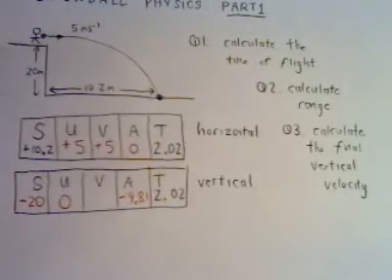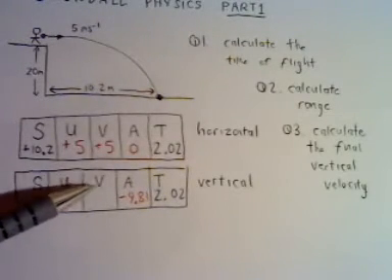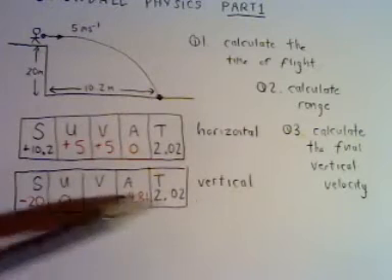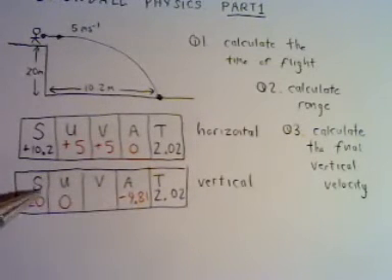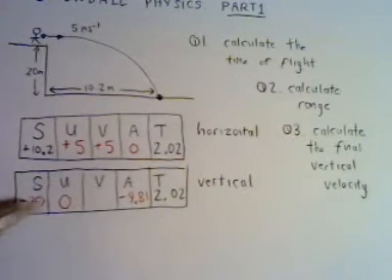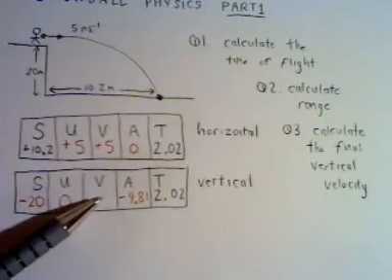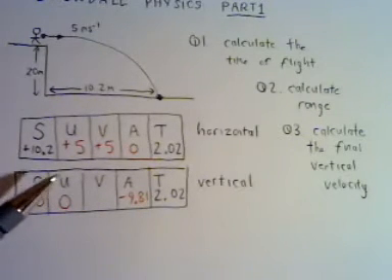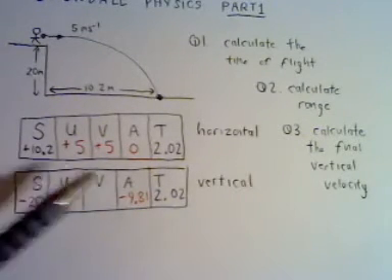And that's the only piece of information left in the grid, v, the final vertical velocity. Well, we have s, we have u, we have a, and we have t. We have 4 values in the grid. We only need 3 in order to work out v. So we've got our pick really of the Suvat equations.